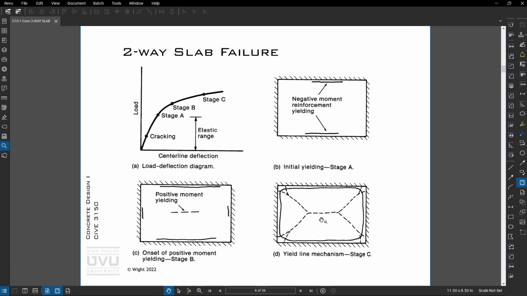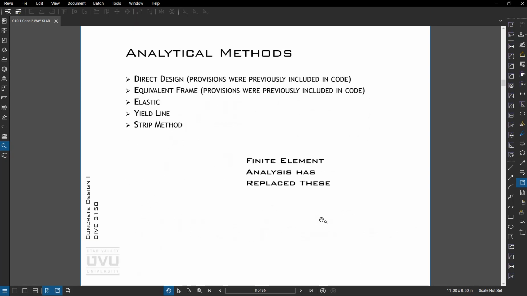A little bit on the slab failure. What these basically are telling us is there's a lot of redundancy in these types of slabs. There's a variety of analytical methods. It used to be that ACI 318 had the direct design and equivalent frame methods.